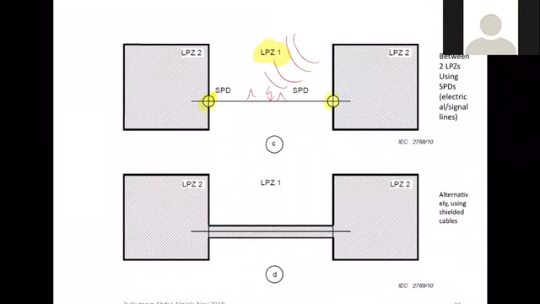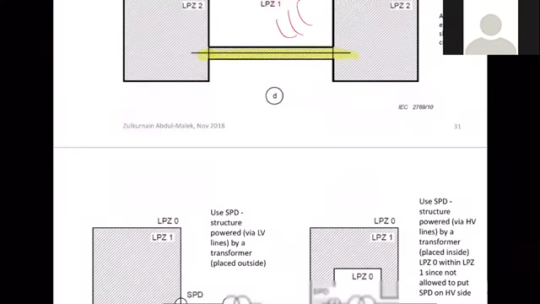Or if you want to maintain them as zone 2, you can put a shielded line as shown here. This is a shielded line, meaning there is no way the magnetic field can cause coupling to the line connecting the two because of the shield there.